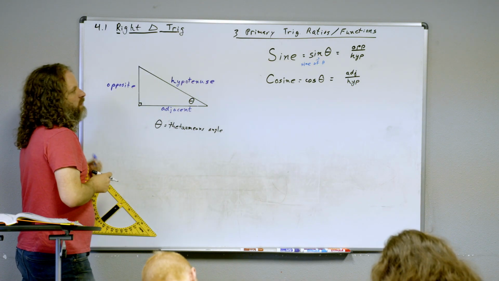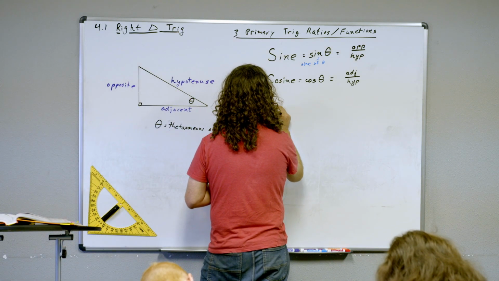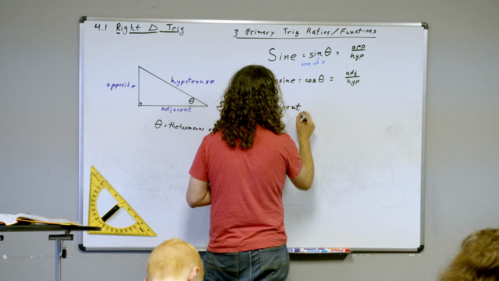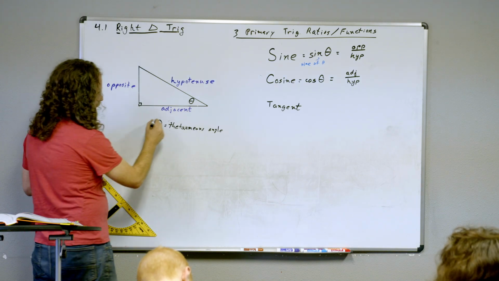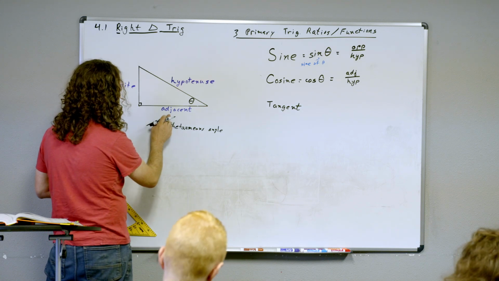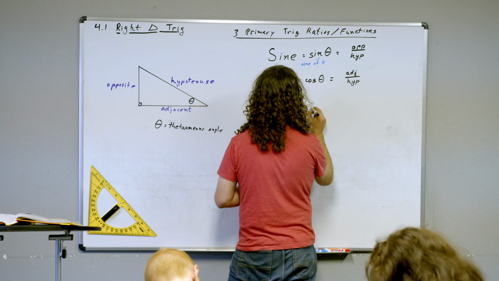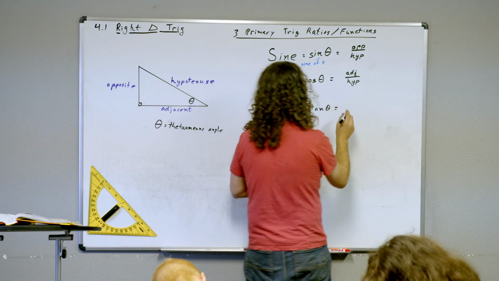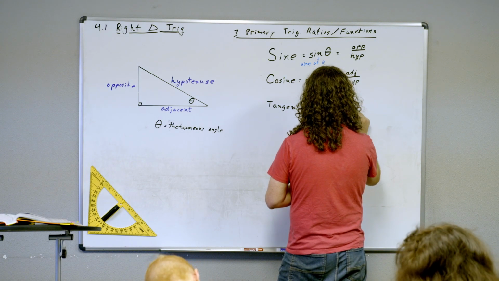And the last trig ratio is tangent, which is the same word, but not tangent to a circle, like a line that just barely kisses a thing. Same word, different meaning. Happens in language sometimes. We abbreviate it as tan theta, and it is the opposite over the adjacent.